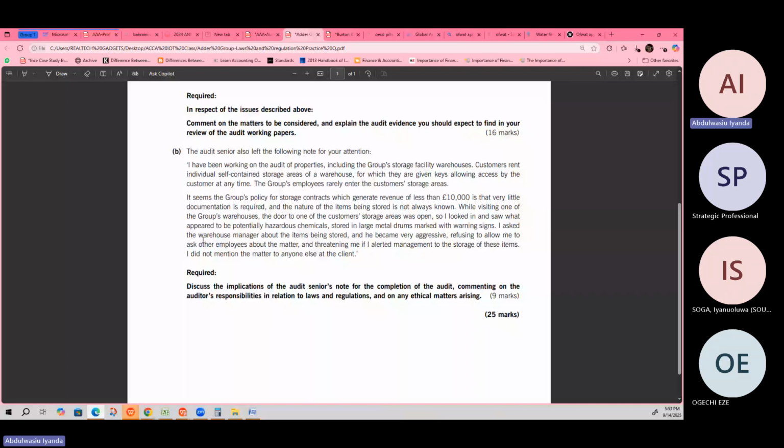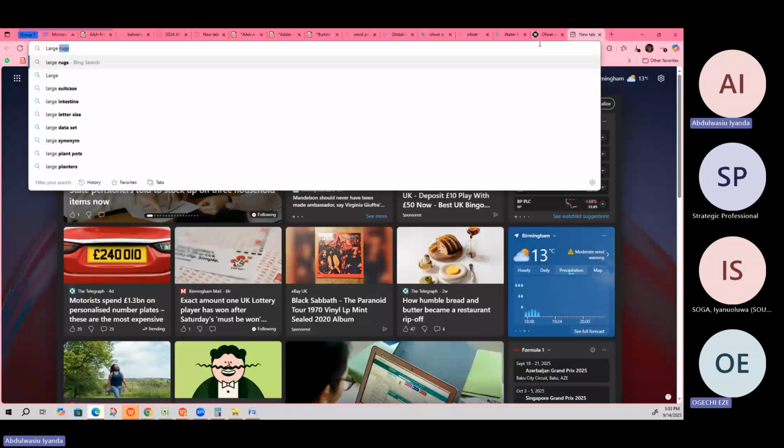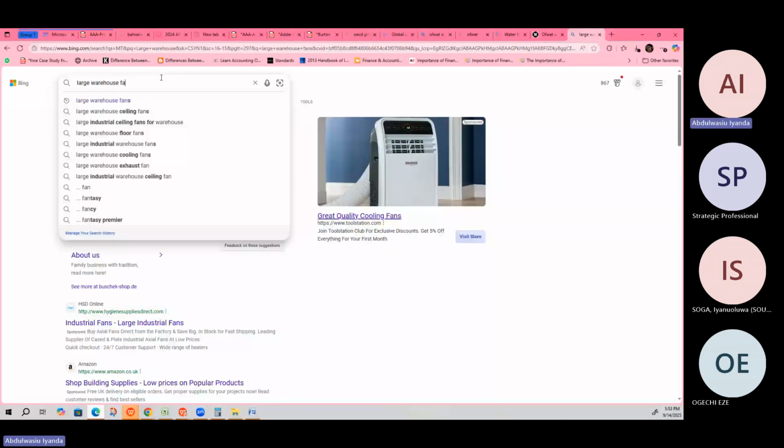Like for example, let me just say a large warehouse. At least when we have a background picture. Maybe they were giving rooms to rent close to the warehouse. Yes, it's like that.